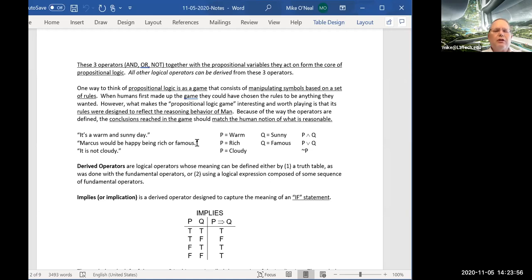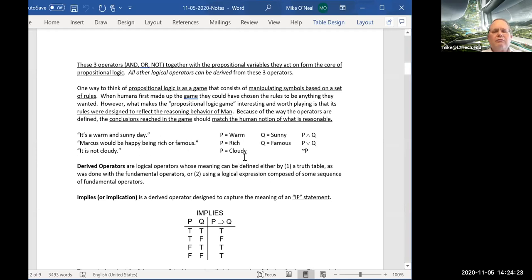You can talk about a particular individual, or you can talk about something that's true of all individuals of a particular group. But we're not there yet. I just wanted to say, if I say P or Q, I'm really saying here rich or famous. This whole Marcus will be happy part of the sentence I'm dropping on the floor.